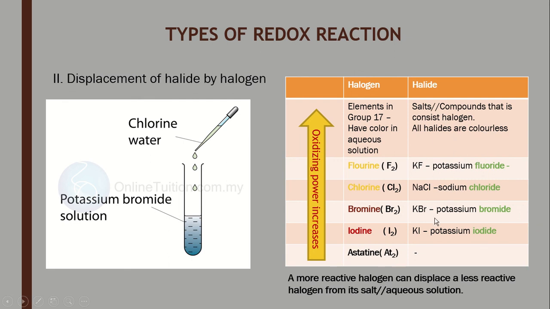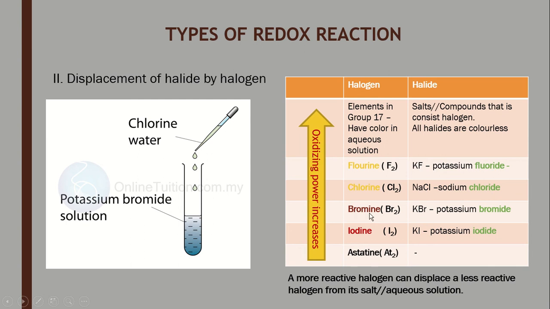Semua ni colorless. For chlorine, halogen chlorine dalam garam dia akan jadi chloride, contohnya sodium chloride. Chloride juga colorless. Garam kat rumah warna putih, white solid. Next is bromine. Bromine warna brown.